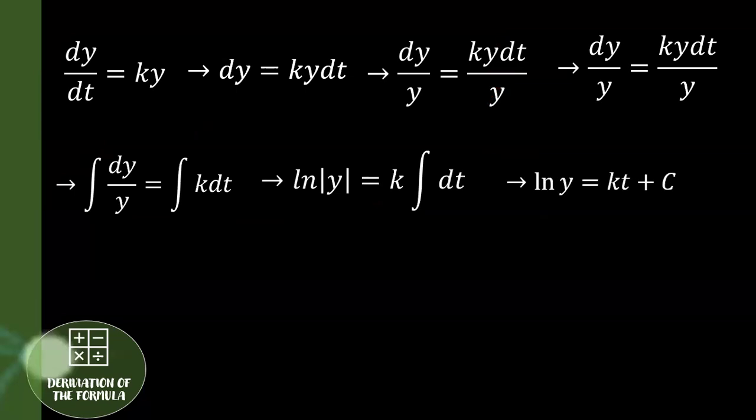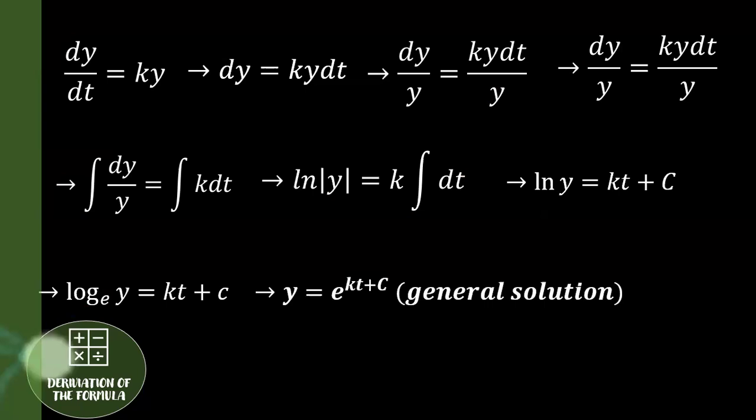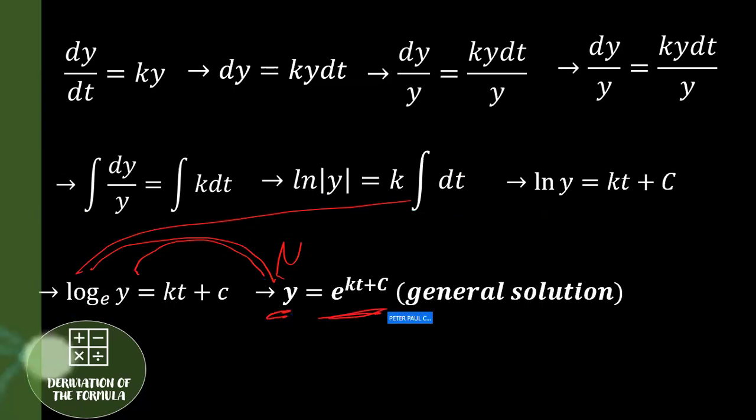Then we'll have ln of y is equal to the integral of dt, which is kt plus c. And of course, we don't need ln of y as the solution, but what we need is y. The logarithm of y to the base e is kt plus c, and this can be rewritten from its logarithmic form to its equivalent exponential form, which is y is equal to e raised to kt plus c.